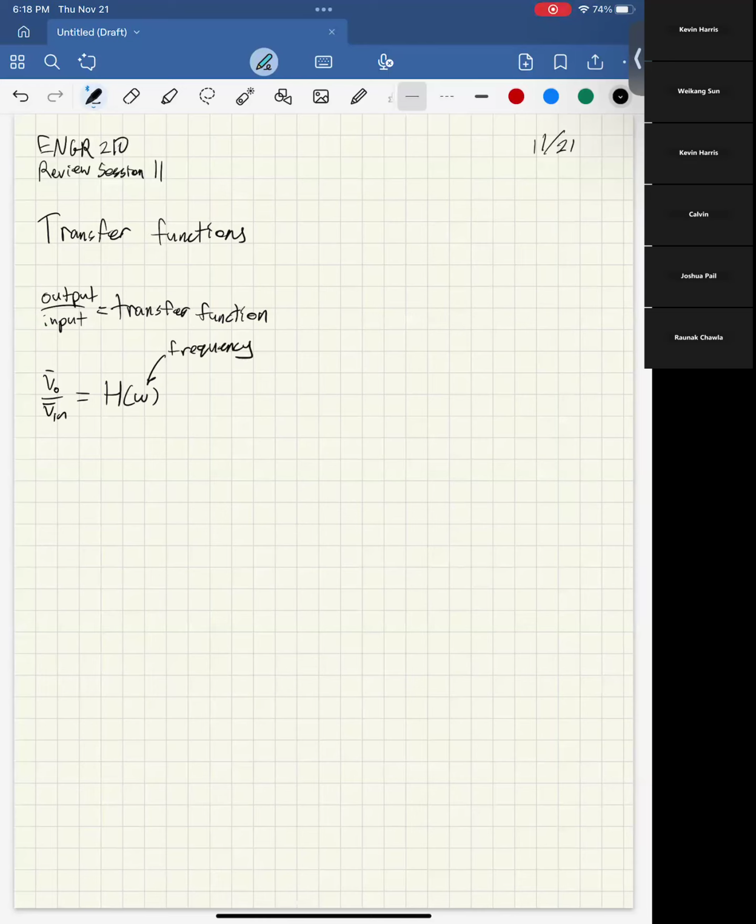So if I have some circuit that right now you would probably see drawn as something like V in, and then you'd have some components, and then I had some output. Then the transfer function for this circuit would be whatever that output voltage is.